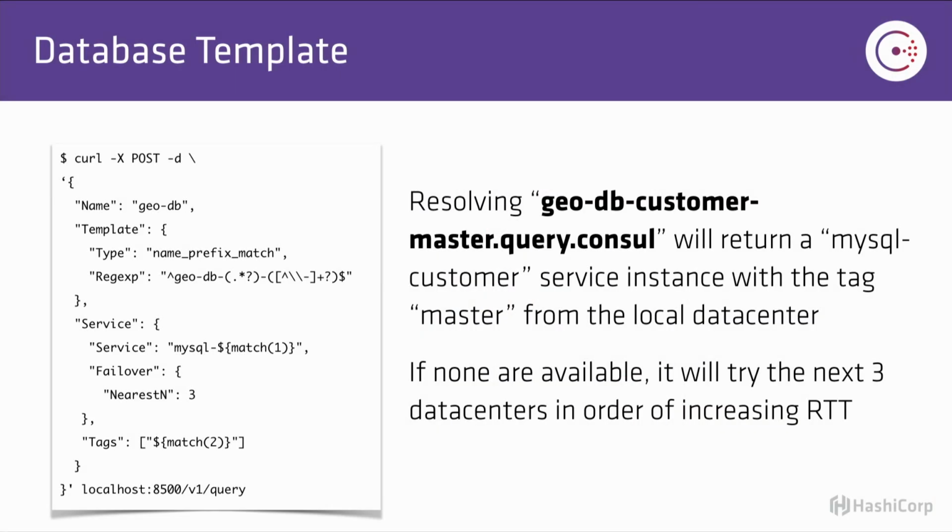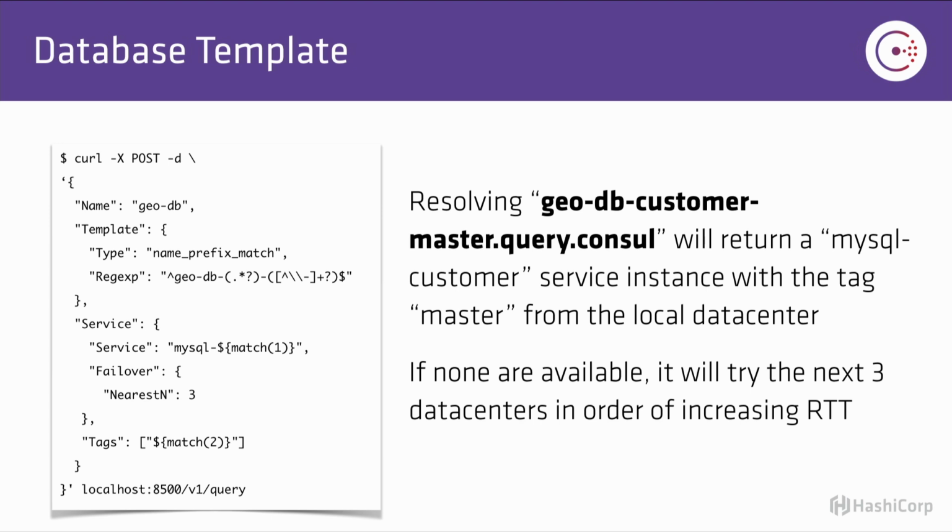After 0.6 shipped, a lot of people said, I love this, but I have 10,000 services and I'm never gonna keep any of this up to date. This is a nightmare. So we added prepared query templates, and I can't even parse the regular expression in real time in a presentation, so I'm not gonna go through that. But what that stuff does is it picks part of the name and maps it into the service name, and then it takes another part of the name and maps it into a tag you want it to have.